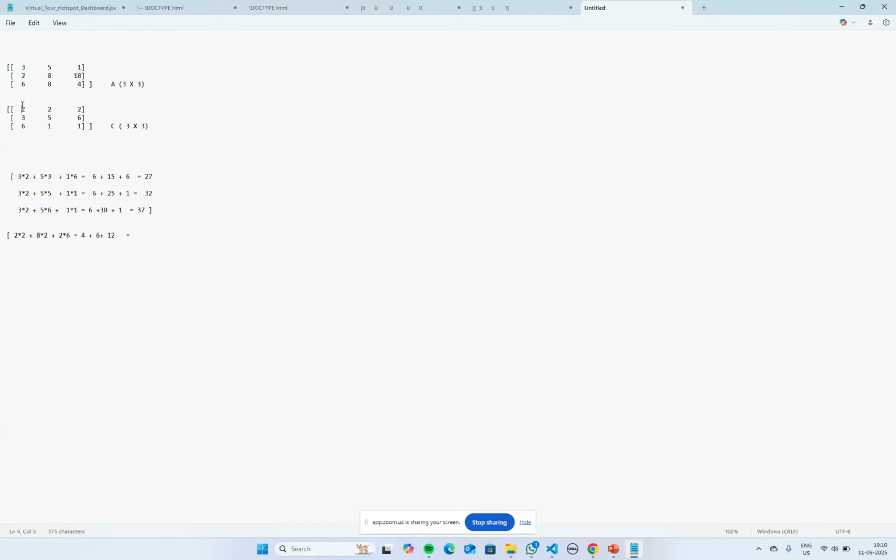So on the second row, first 8, 2, 3 and 6. First column, I'll do it. Then the second column I'll do. 4 plus 24 plus 60.